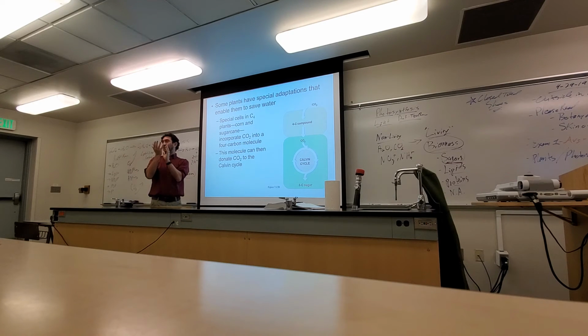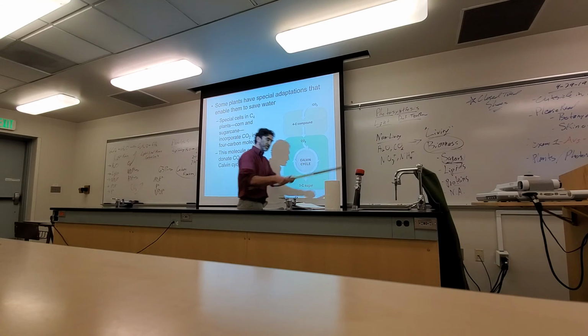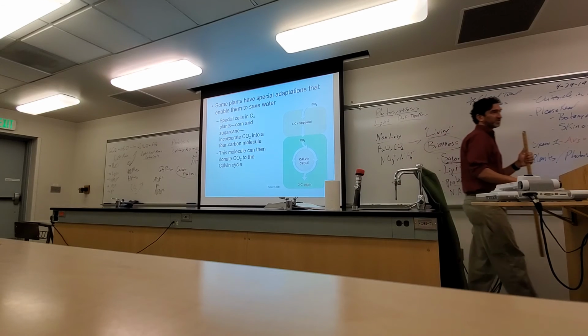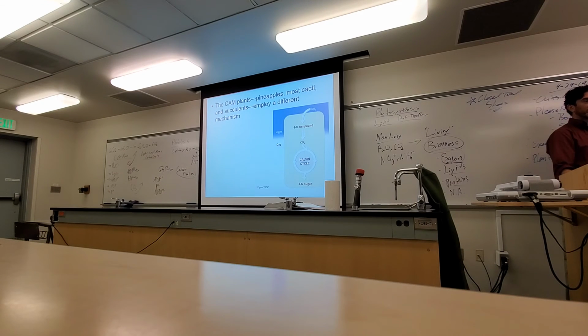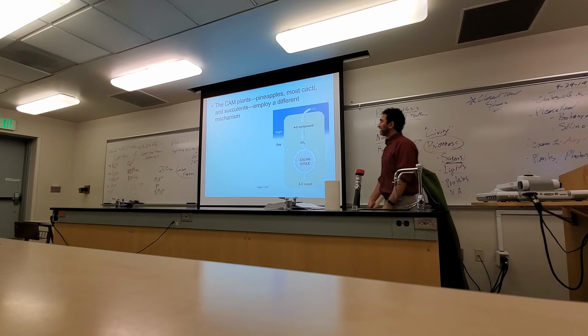So if you can take in more CO2 every time you open up, it's more efficient, okay? So the C4 plants are taking in more CO2, and that means they're more efficient. Corn, sugarcane. By the way, that's why they produce so much sugar, because they can take in so much CO2.